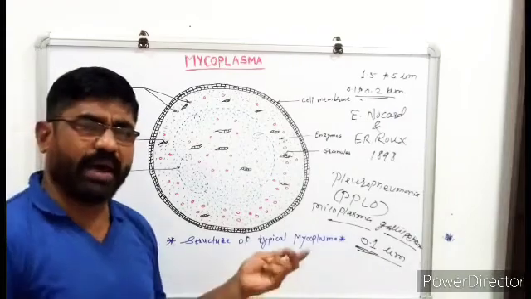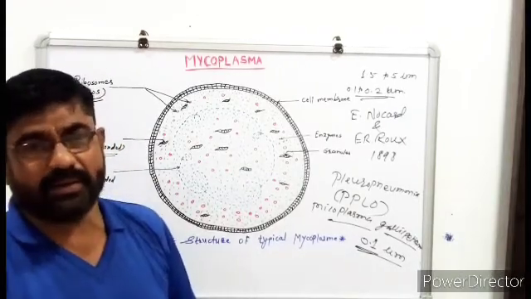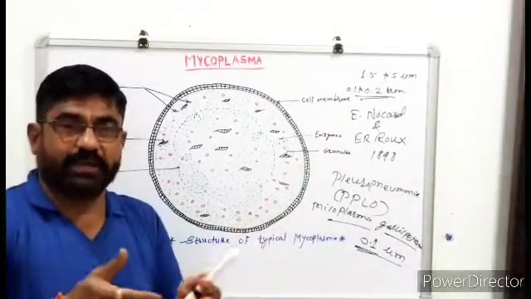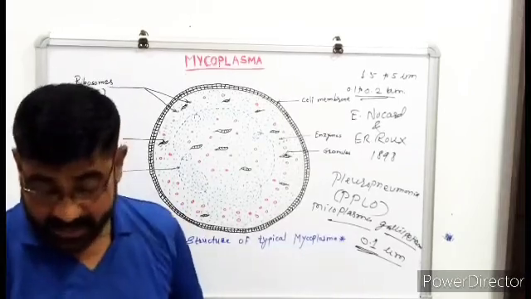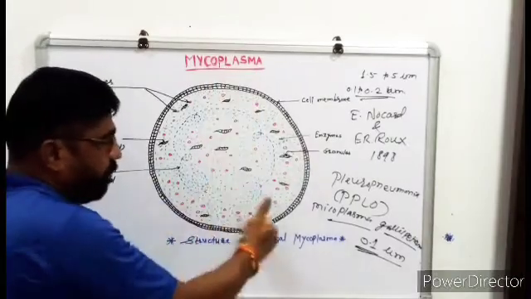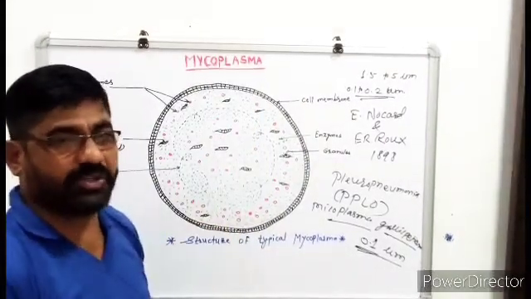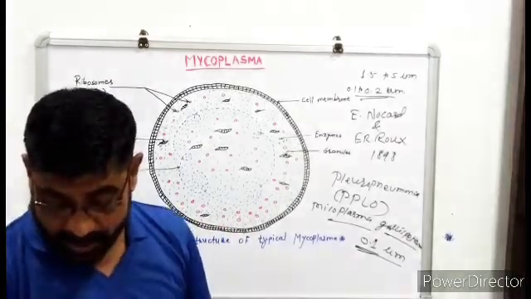And how do mycoplasmas reproduce? They reproduce by budding or fragmentation of their cell, and they are also multiplied by binary fission, as well as fragmentation and budding.